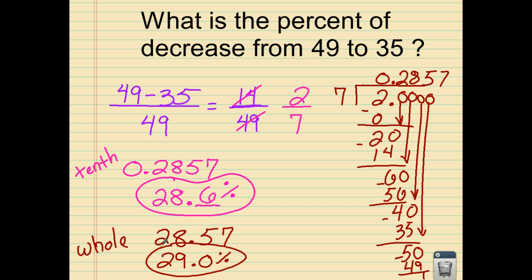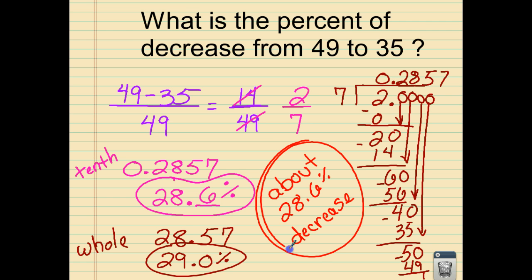And for both of these, I want you to understand that since we rounded it, your final answer is going to have to be an approximation. So we would say about 28.6% if we're doing the 10th, or about 29% if we're doing the whole number. And that was a decrease. All right, so final answer in red right here.